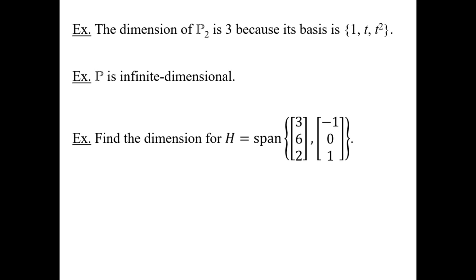Let's find the dimension of this vector space. Actually, we talked about this one just a minute ago. This is the one we used in the last example. Even though we're interested in the span, the basis has to be made up of linearly independent vectors.